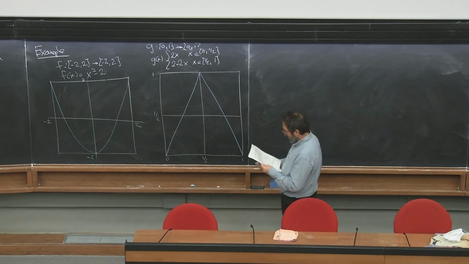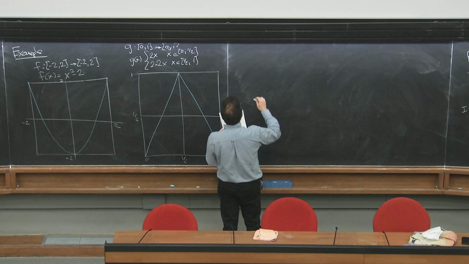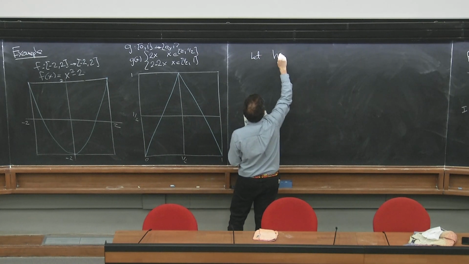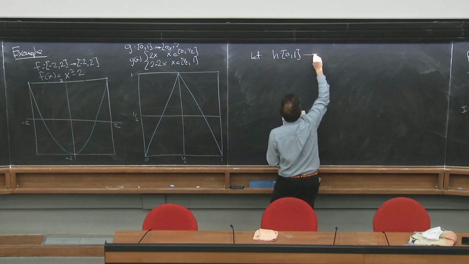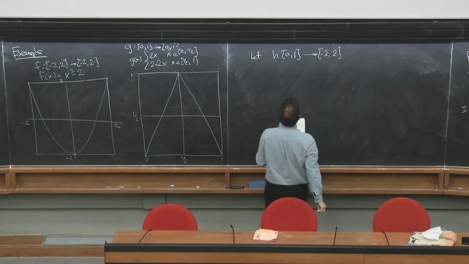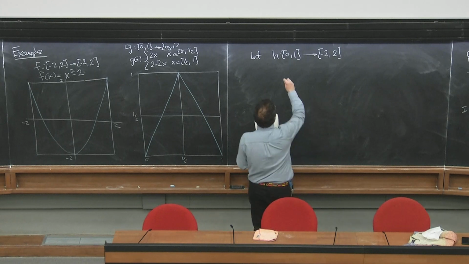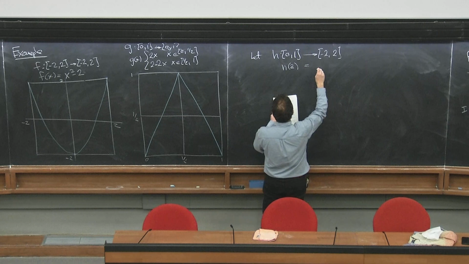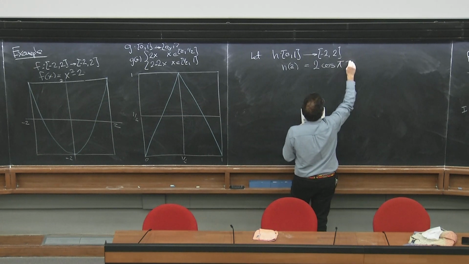So in this case, we can define the map H from 0, 1 to minus 2, 2, where H of z is equal to 2 cosine pi z.